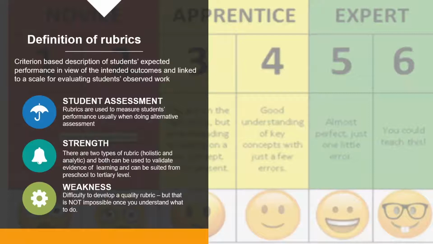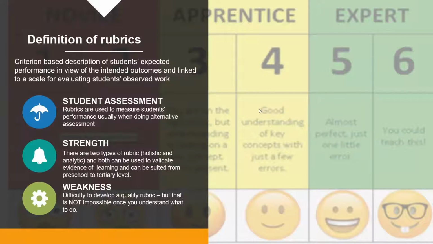Of course, the background that I'm showing, if you're using all these smiley faces, it's suitable for young children. But for tertiary level, it's not encouraged, but surely you will have specific characteristics that you would want to consider rather than the smiley faces.